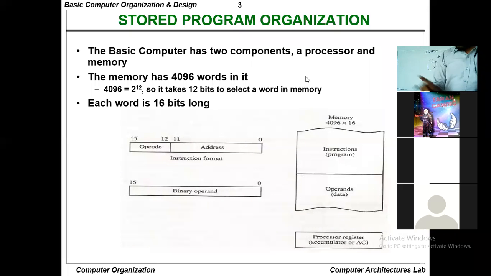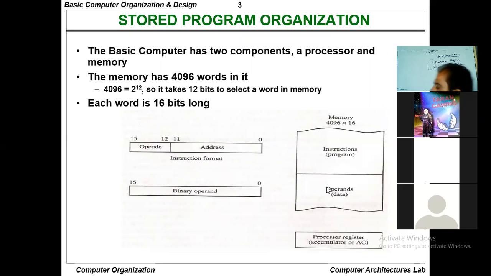See in the slide we have a diagram of memory size of 4096, and this memory is divided into two parts. One part is used to store instructions or program, and second part is used to store data, okay, or operand.